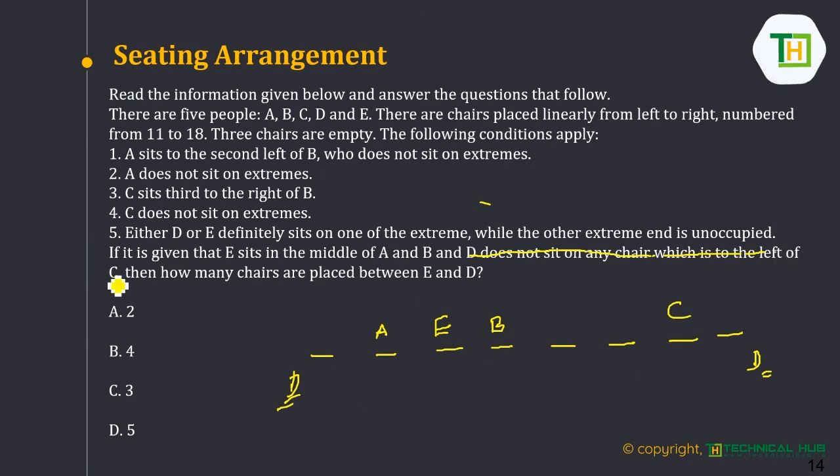Okay, so D or E, any one of the extremes. In this case, E's position is given directly, E is in the middle of A and B. So definitely D's position is here, first position or last position.